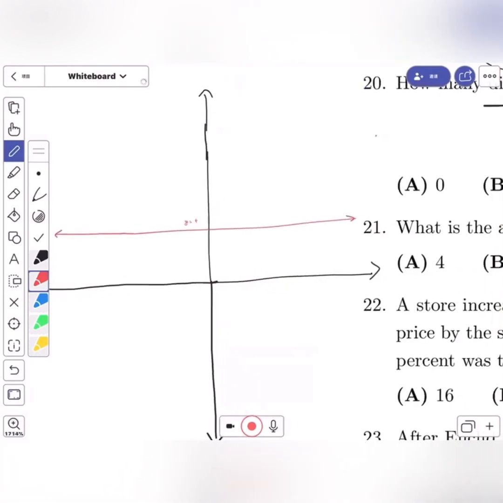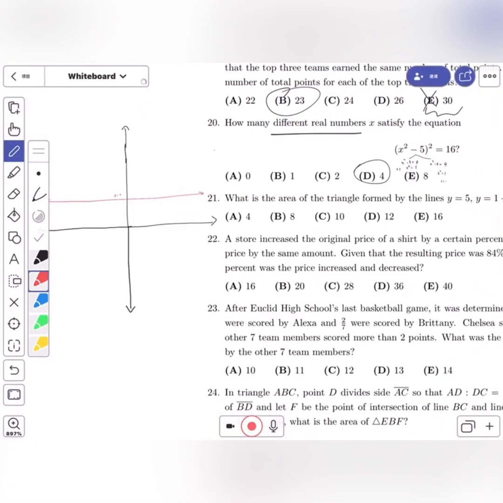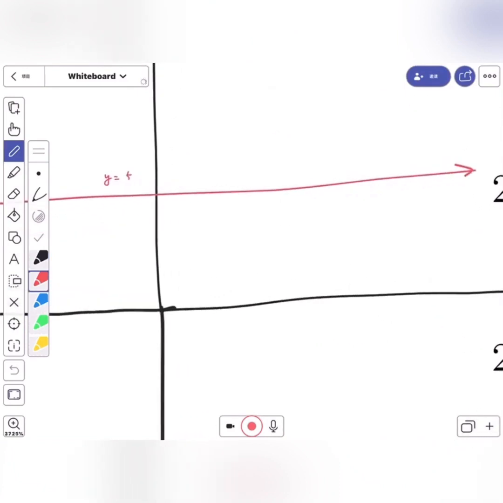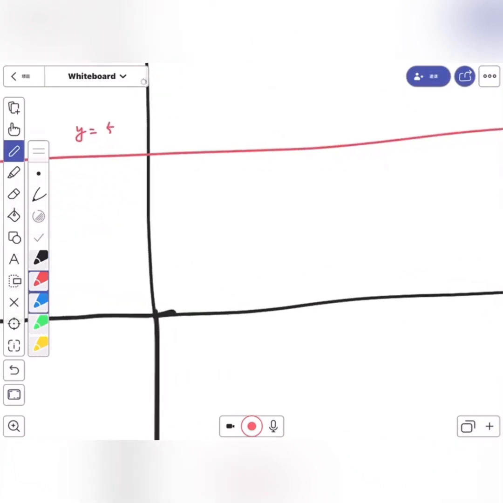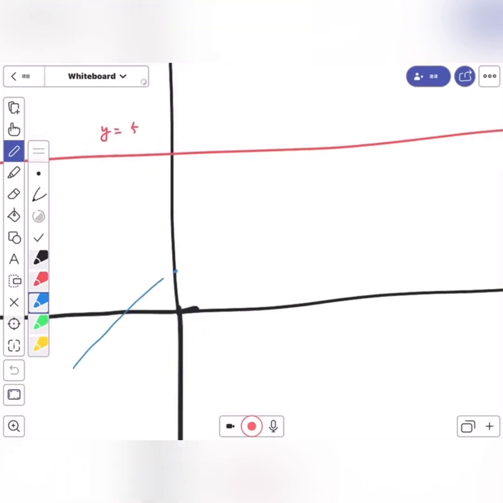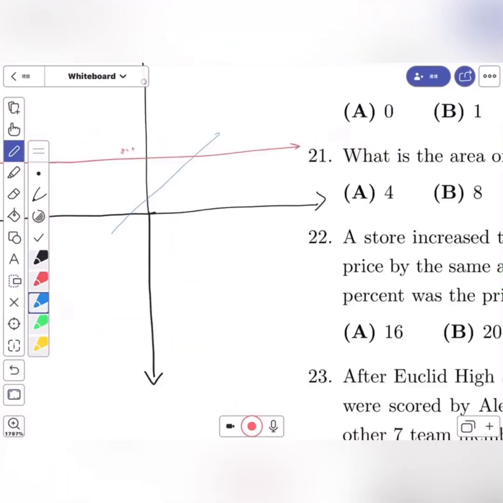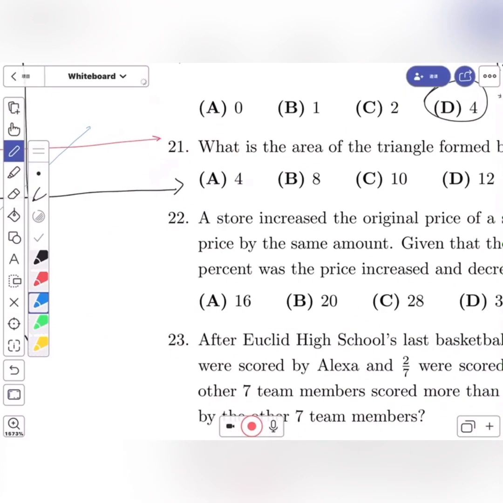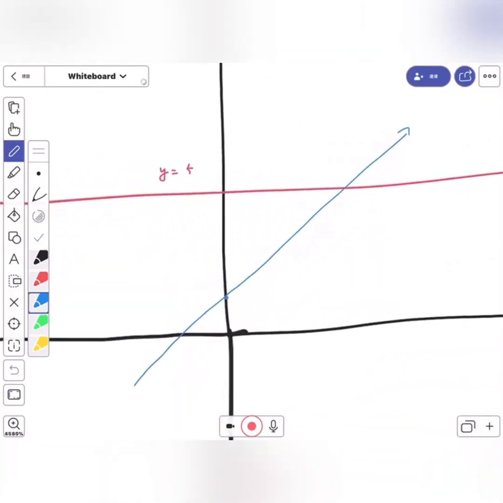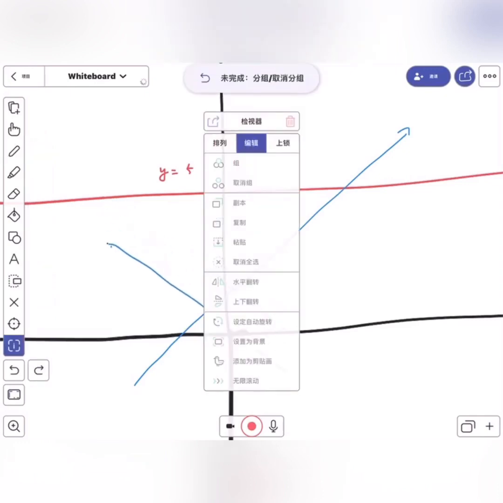So y is equal to 5, and we have y is equal to 1 plus x, which basically means a slope of 1 with a y-intercept of 1. So something like this, and y is equal to 1 minus x will just be exactly the opposite, which is this. Oopsies.